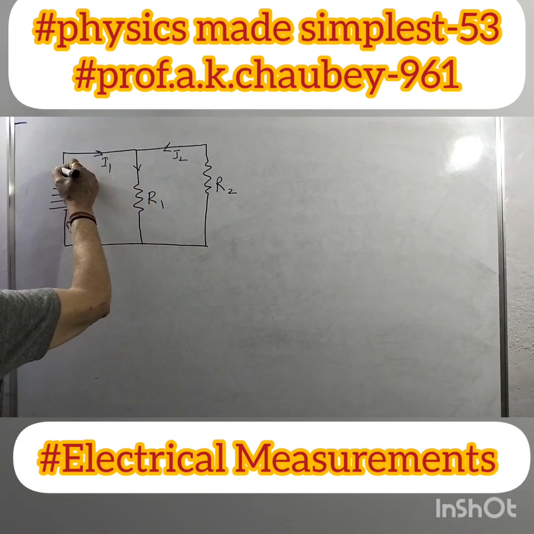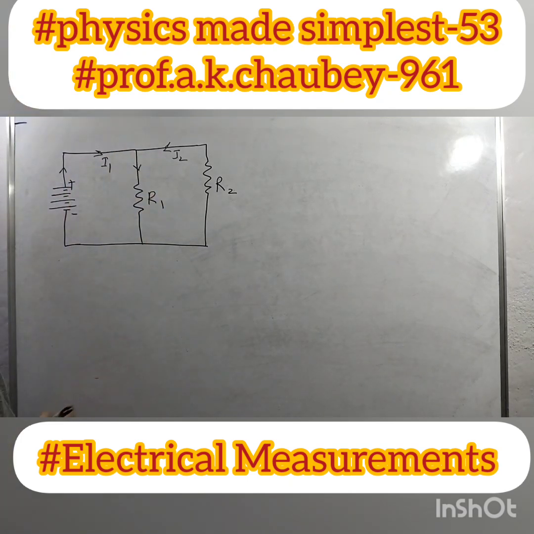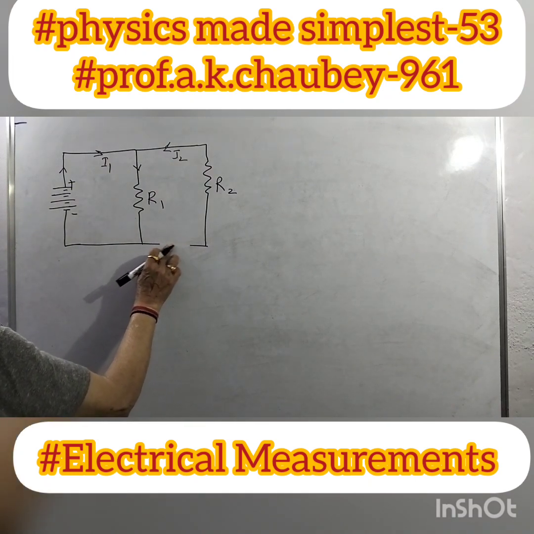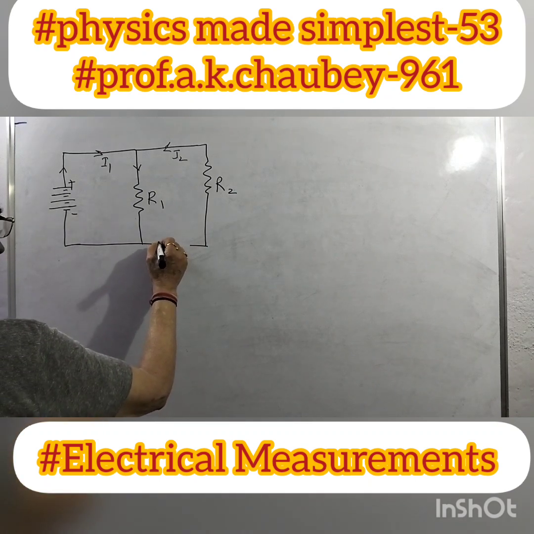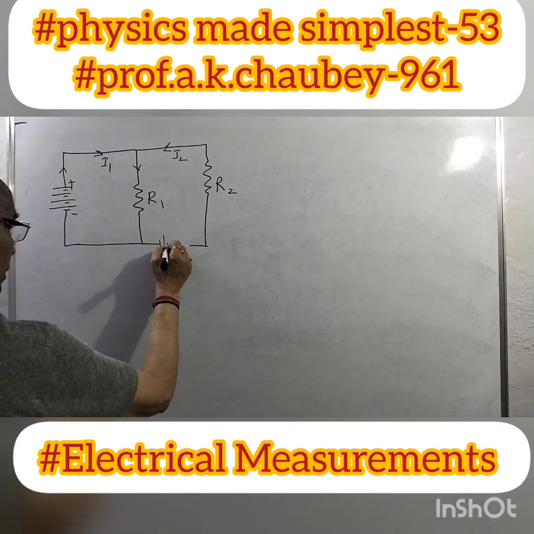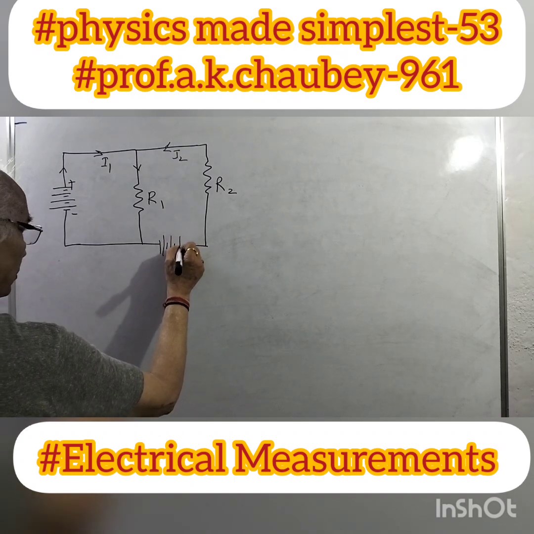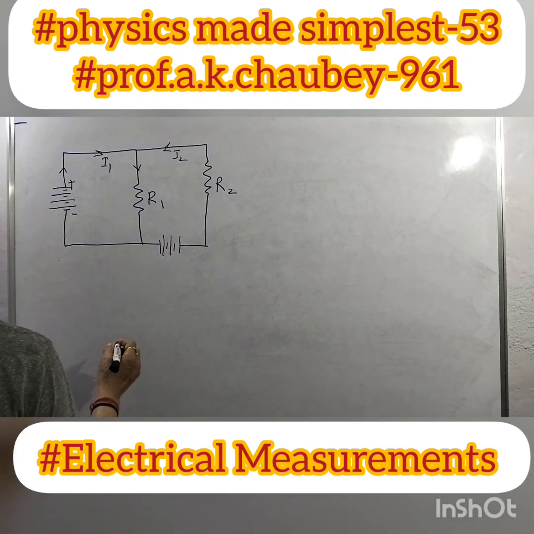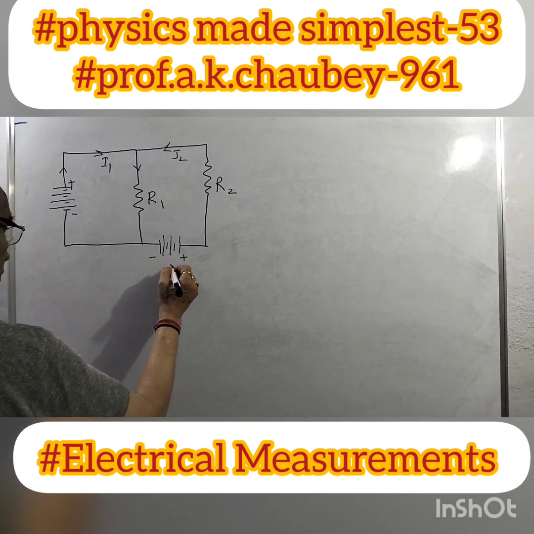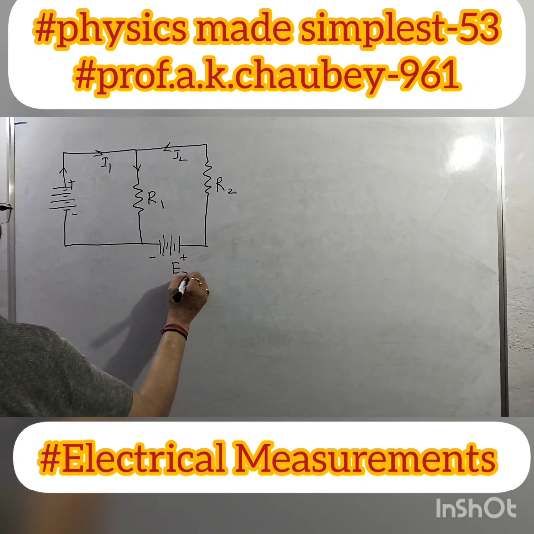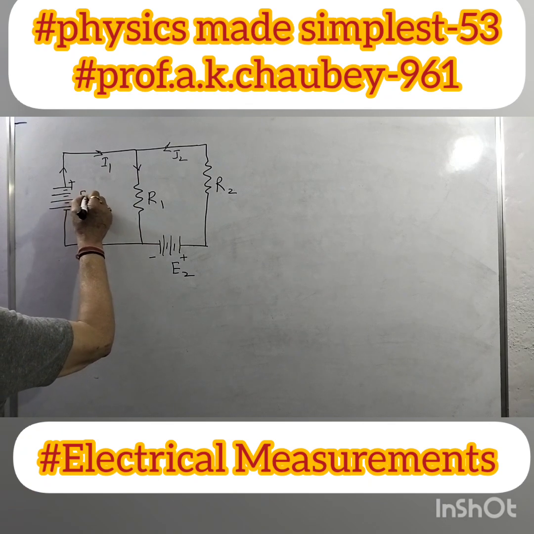That is I1. And there is another source here, with plus here and minus here. So this is E2 and this is E1.